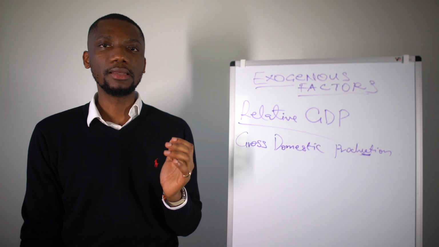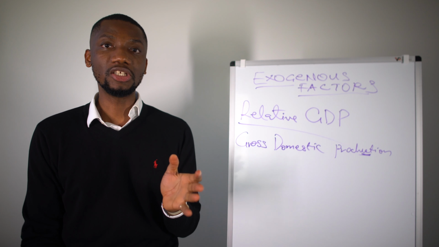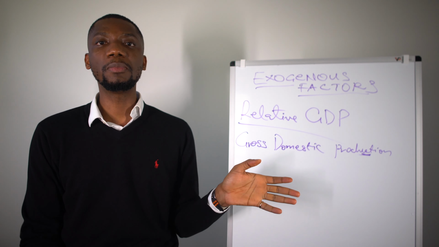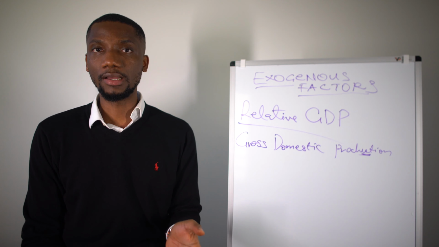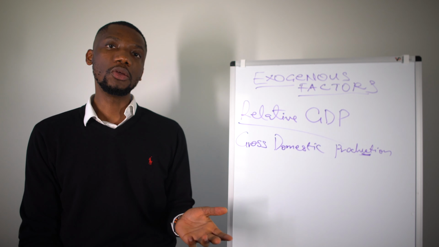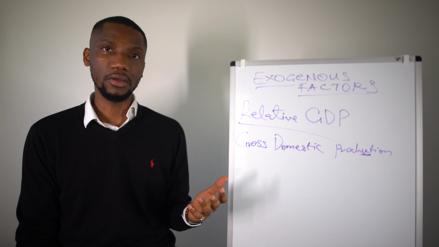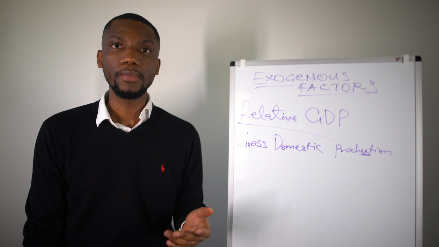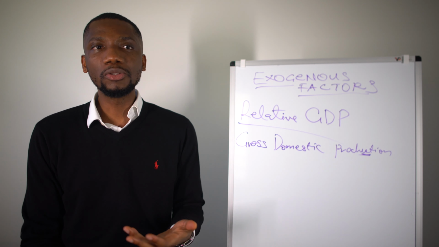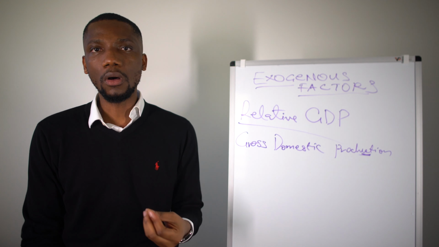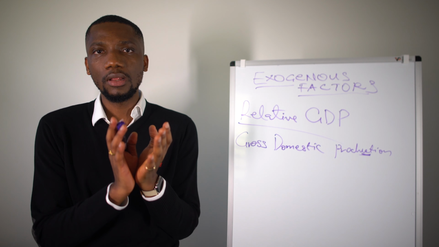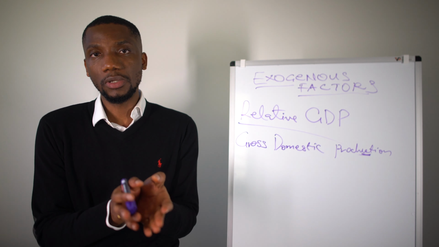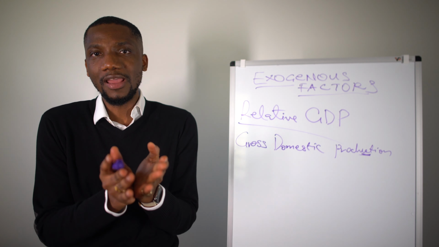Now, the reason why you have to look at GDP per capita is that the GDP value for a particular period of time, let's say the first quarter of 2020 in the UK, could be something like 600 billion pounds sterling. But then, how do you get a clear picture of how the final consumer, the end user, feels about the economy?